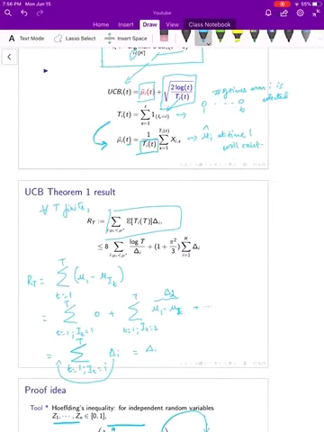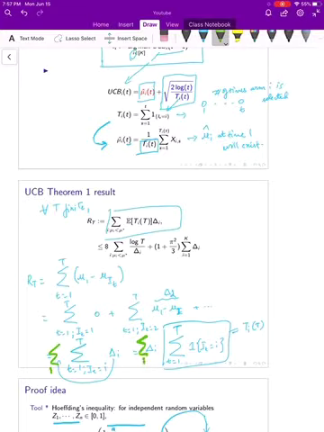Delta I, summation t equal to 1 to T, indicator IT is equal to I. This by definition is equal to Ti of capital T. There is another summation which I'm missing here with respect to I.